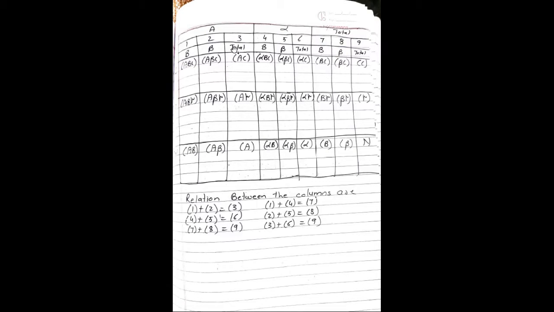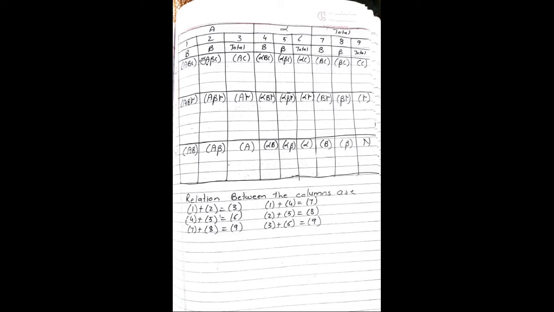First of all, make 3 columns: A, alpha, total. A is subdivided in 3 parts. Alpha is subdivided in 3 parts, and total is also subdivided in 3 parts. In the second row, number the columns: 1, 2, 3, 4, 5, 6, 7, 8, 9.